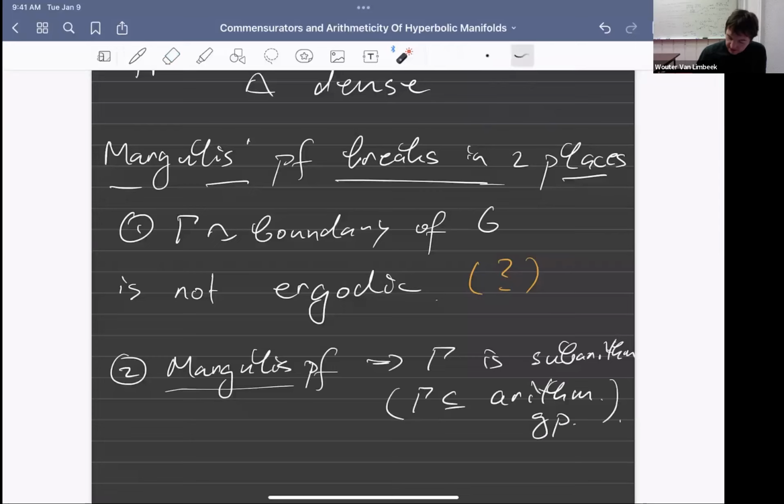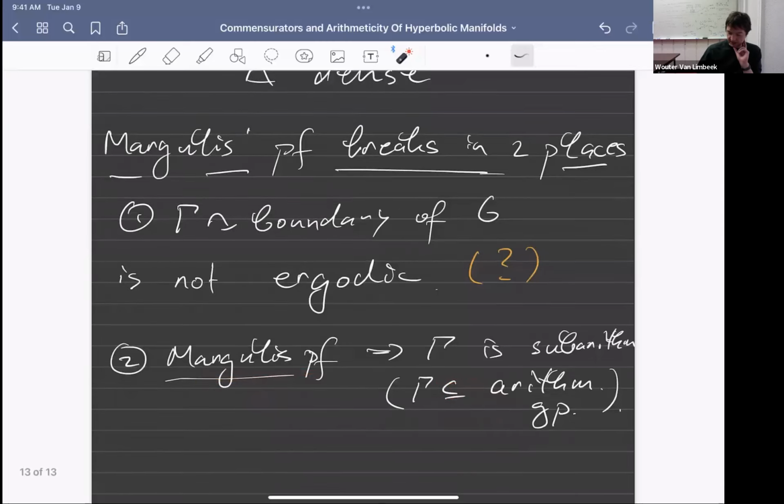And so if gamma is a lattice, if you have one lattice contained in another lattice, then the two have to be the same up to finite index. So Margulis is done at this point. Proving this containment proves essentially equality up to finite index, so it's good. But if you don't know that gamma is a lattice, then it's just some subgroup of this group, so it could be anything.